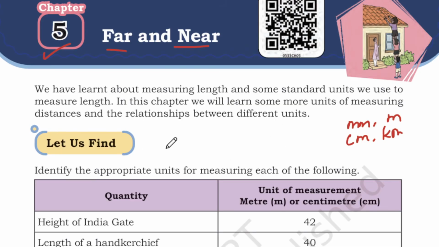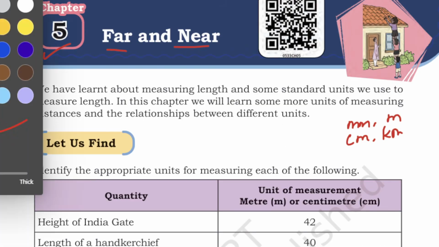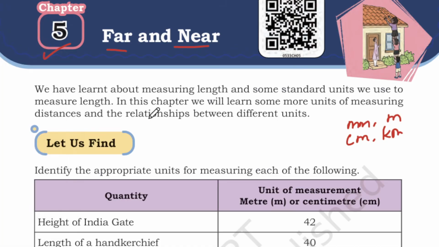I'll give you a small demo before we start this lesson. For example, if you are using your eraser, how will you measure it? For small things, you will measure using centimeter.